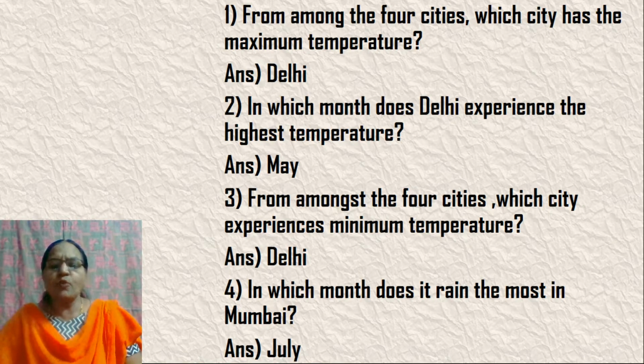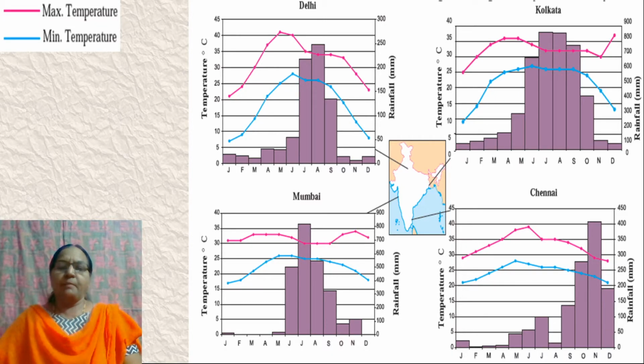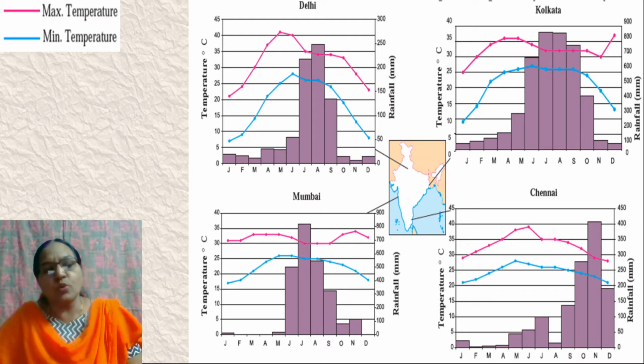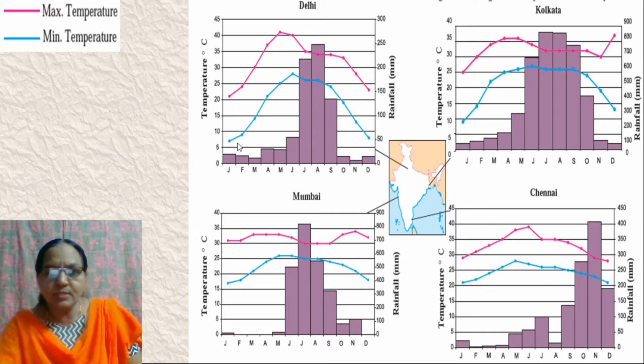From amongst the four cities, which city experiences minimum temperature? Minimum temperature again is shown by the blue line. So look at this. Minimum temperature, here it is just 6. Kolkata, you find it is roundabout say 9.